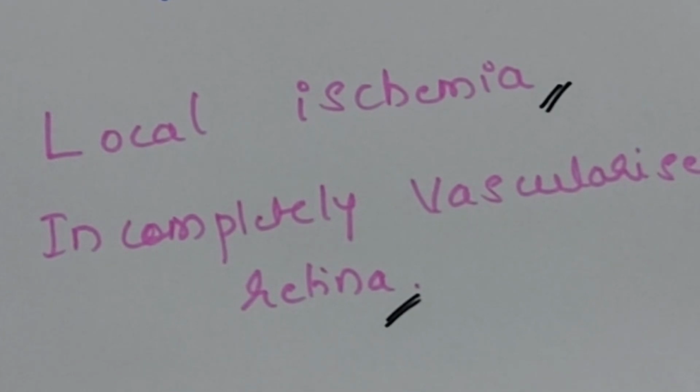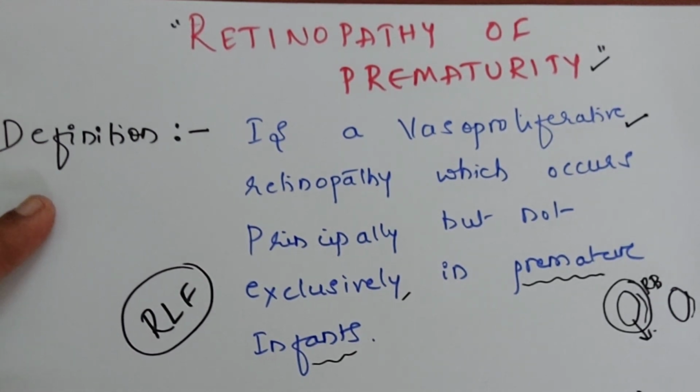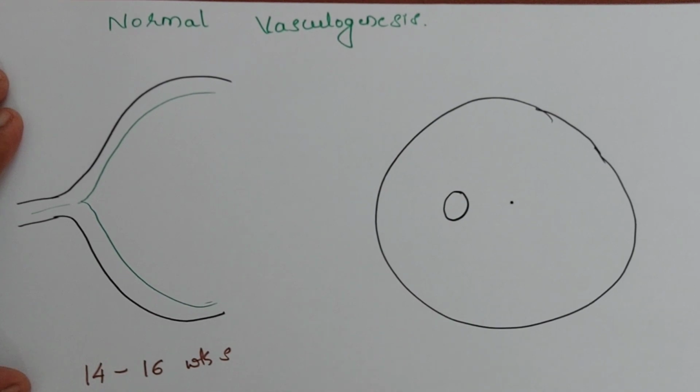Or if the ischemia is very slight in an incompletely vascularized retina, ROP may also not develop. So these two are the major predisposing factors. But one good thing about ROP is that more than 90% of cases undergo spontaneous regression with minimal scarring in the retina.